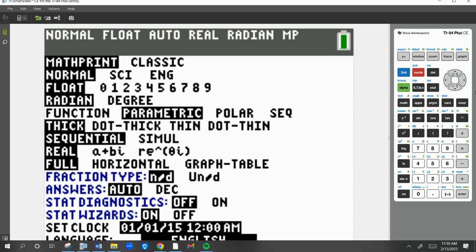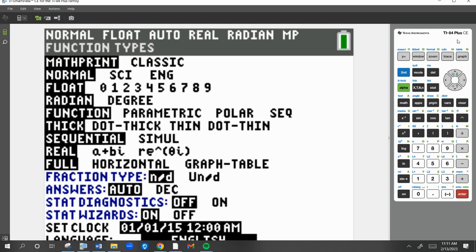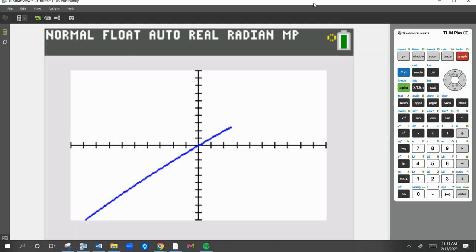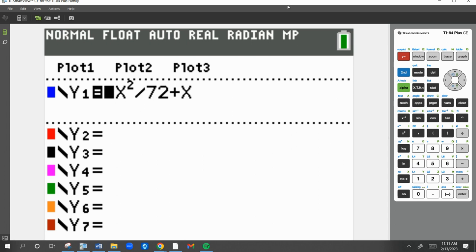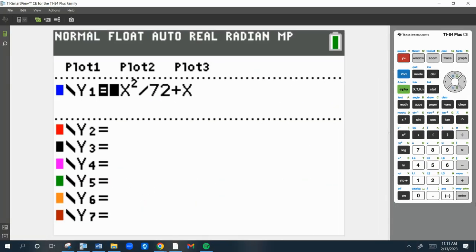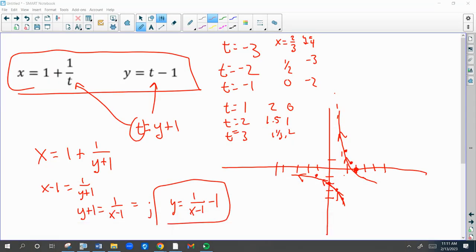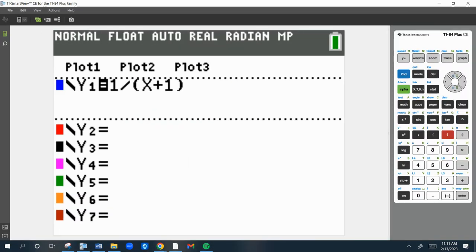So I already have it in parametric form. I'll show you that in a second. So I'm going to graph 1 over x plus 1 and then 1 over x minus 1 minus 1.